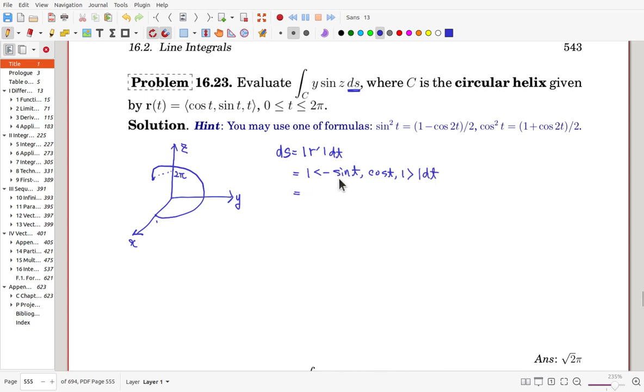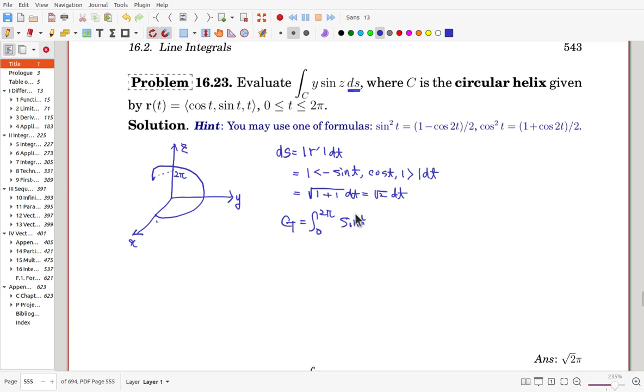Now, the squared summation of sine and cosine must be 1, so this length must be the square root of 1 plus 1 and dt. So we arrive at square root of 2 dt. Okay, it's a constant. So the given integral is the same as the integral from 0 to 2 pi, where t is moving from 0 to 2 pi, and y is sine t, and sine z is sine t.